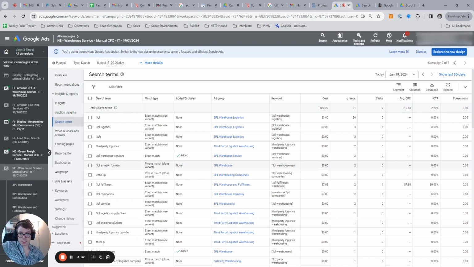The last setting is broad match. That is designated by just open text. We do not use broad match as a policy at Interteam. The reason is it's extremely broad in terms of targeting. Basically, the setting allows Google to target any keywords that are related to the keyword you're targeting.